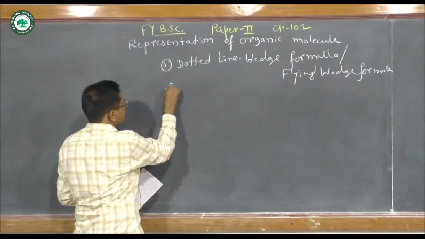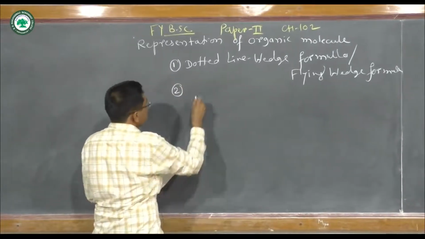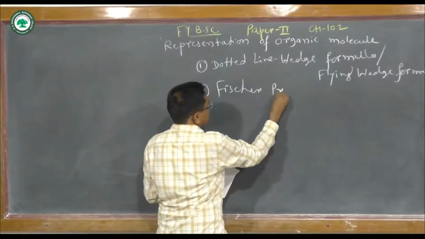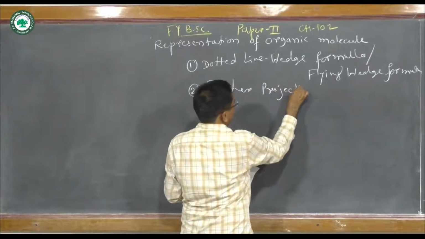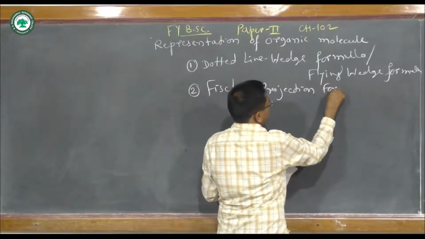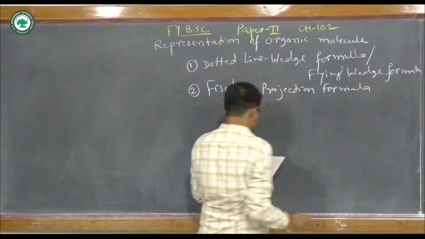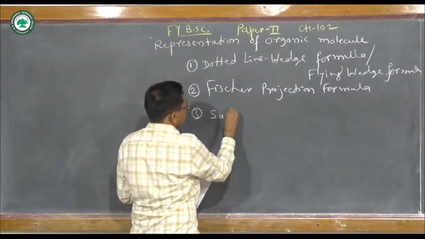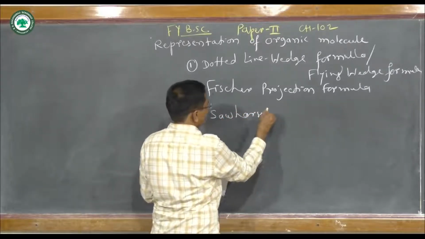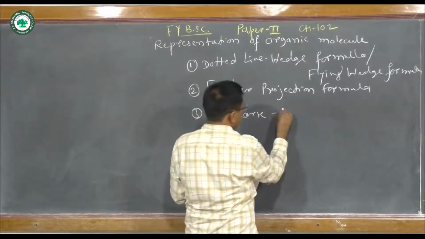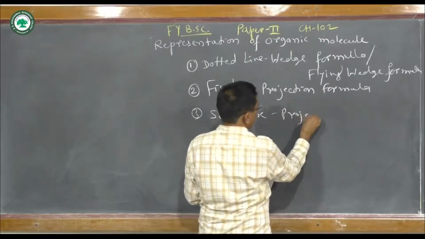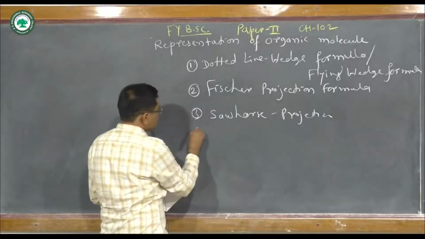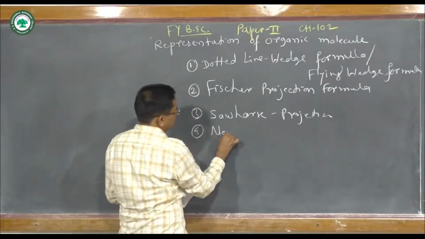The second is the Fischer projection formula. The third is the sawhorse projection. And the last one is the Newman projection.